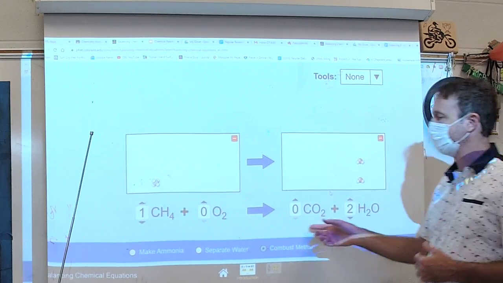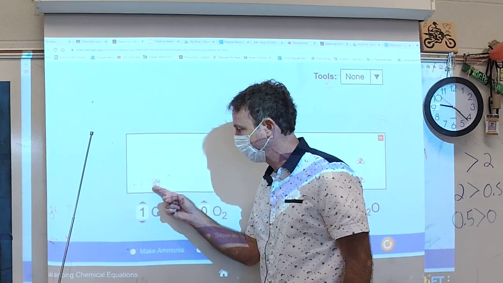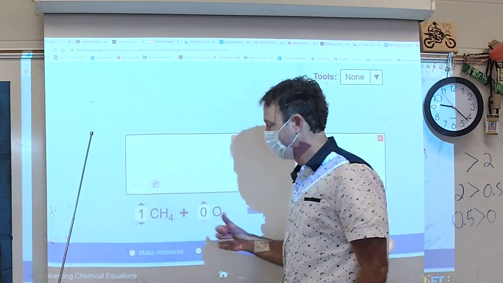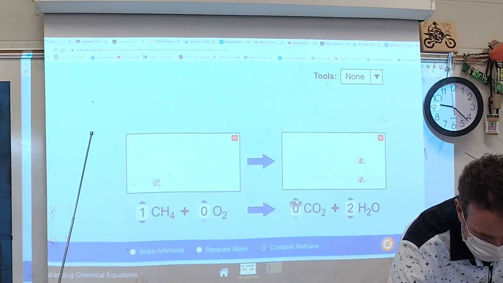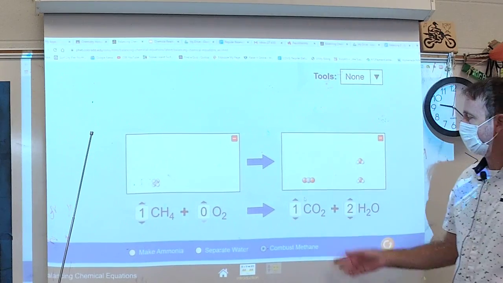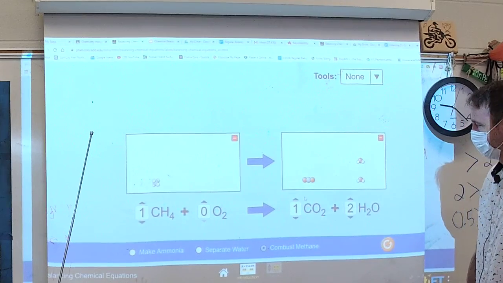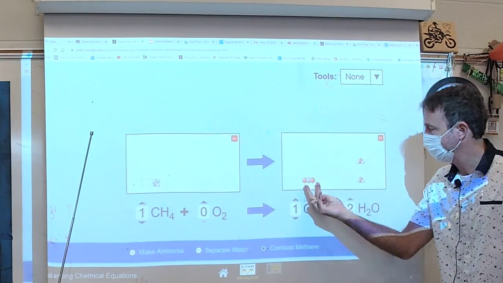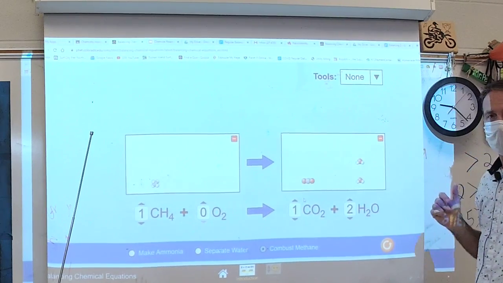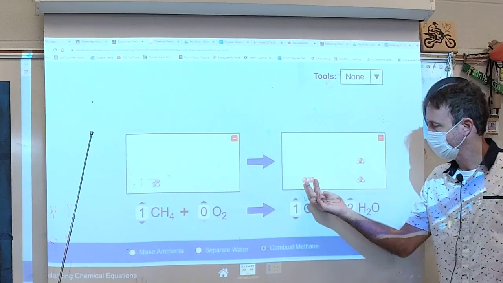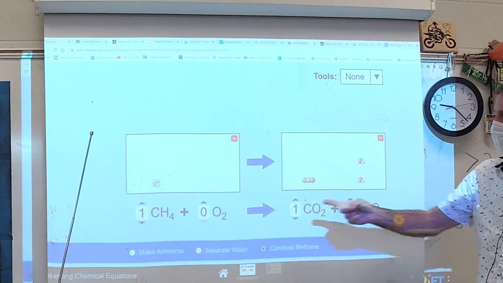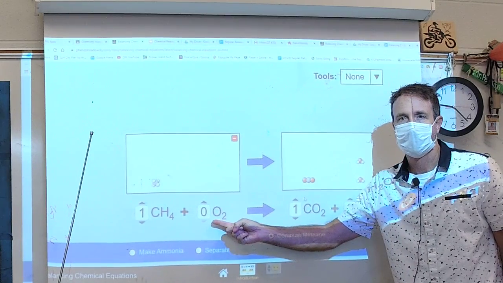Let's try to balance out these carbons. I've got 1 carbon here, right? So let's get a carbon here. Boom. Well, that carbon comes with 2 oxygens. So now over here I have 1, 2, 3, 4 oxygens, right? If these little orange dots are oxygen, how can I get 4 right here?